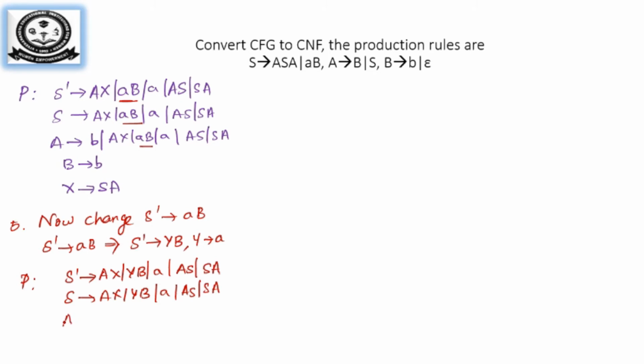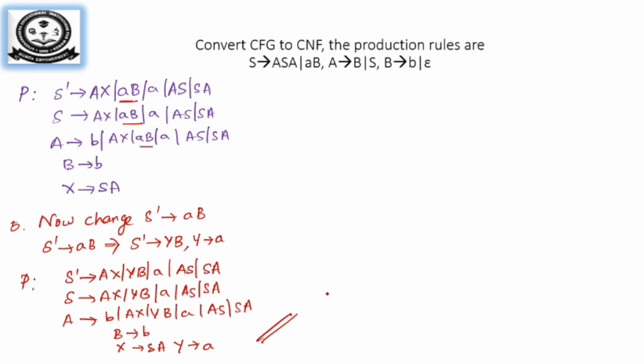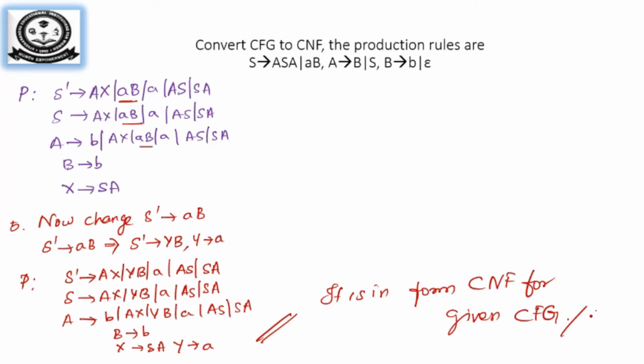Then finally A will be B, AX, YB, A, AS and SA. So finally you have B tends to B, X tends to SA and Y tends to A. So the last production rule is in the form of CNF for the given grammar. So this is how you have to convert a CFG into CNF.